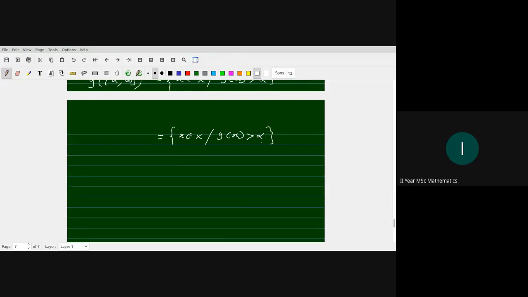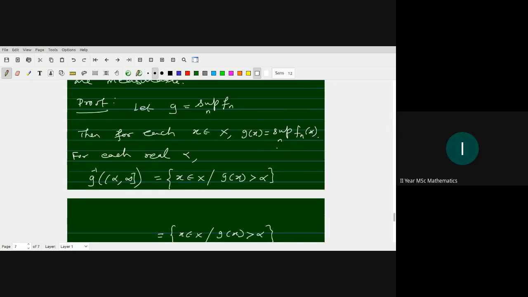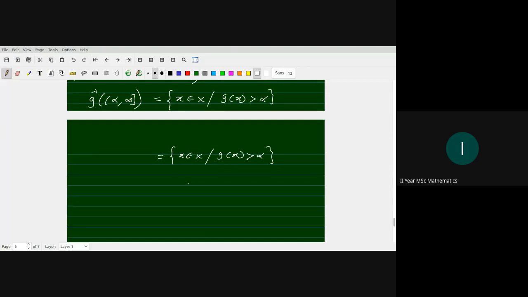If g of x is greater than alpha, then, since g of x is the least upper bound of f_n of x and alpha is a number smaller than g of x, alpha is not an upper bound of f_n of x. It means there exists an n in natural numbers such that f_n of x is greater than alpha.